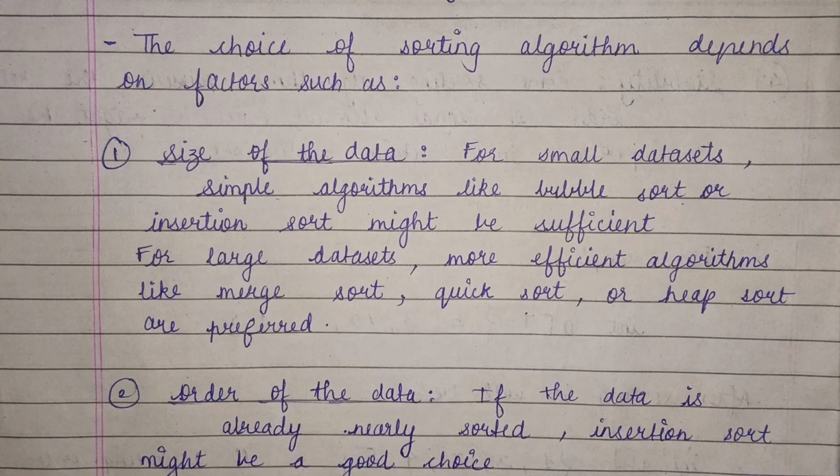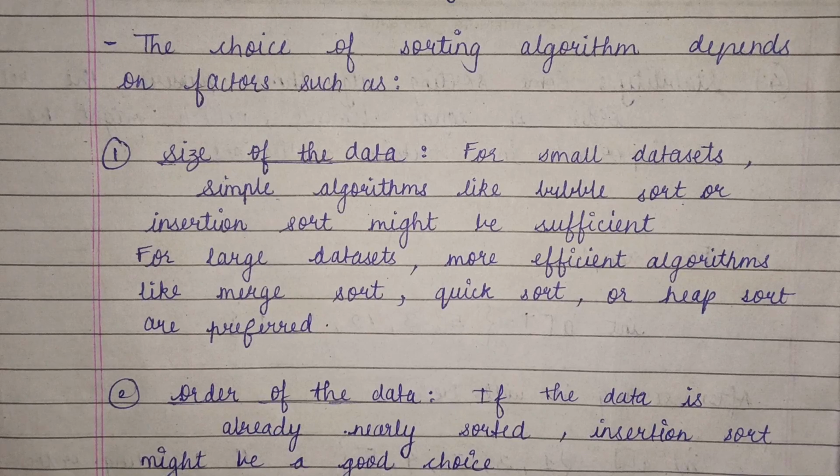So the size of the data matters. If the size is small, then bubble sort or insertion sort might be sufficient for sorting the data, and if the data set is large, then efficient algorithms like merge sort or quick sort will be preferred as compared to insertion sort or bubble sort.